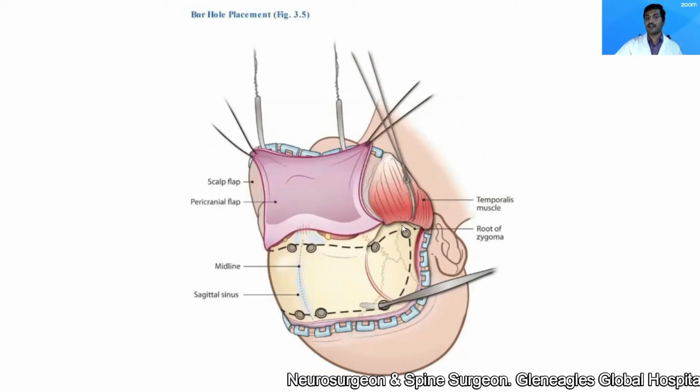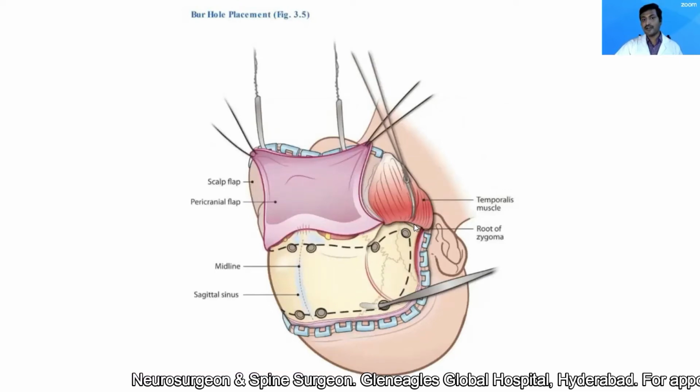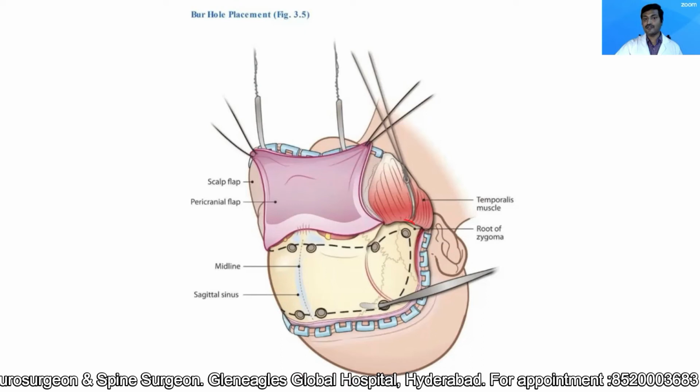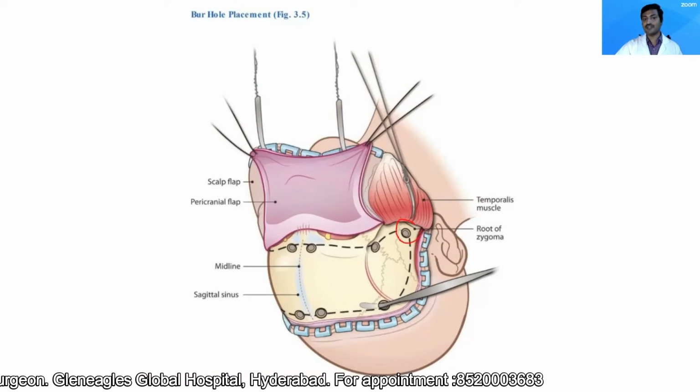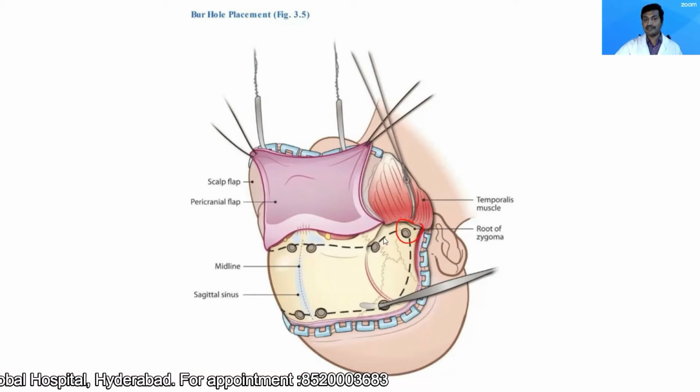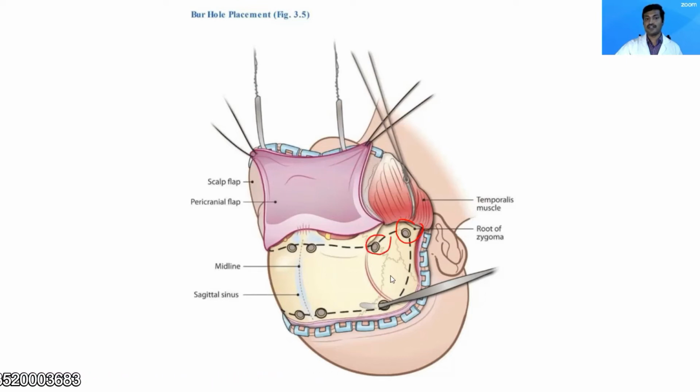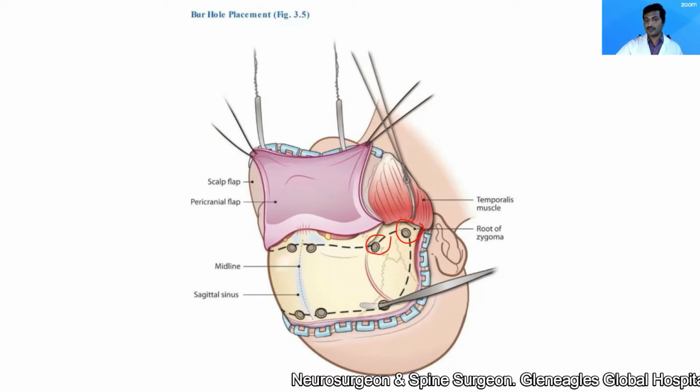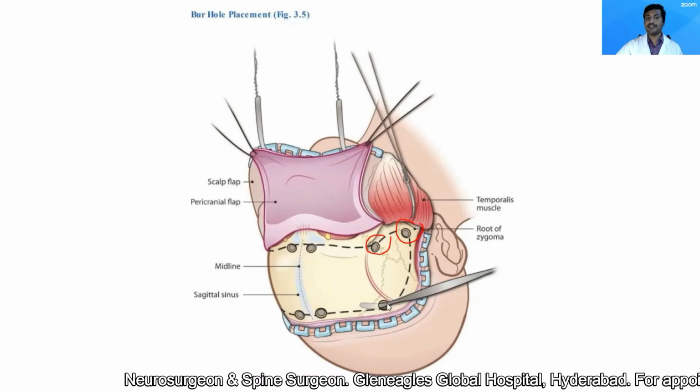Now coming to the burr holes. The first burr hole is placed at the root of the zygoma, at the posterior root of the zygoma. The second burr hole is the key burr hole. The third burr hole is placed in front of the coronal suture, just over the superior temporal line.